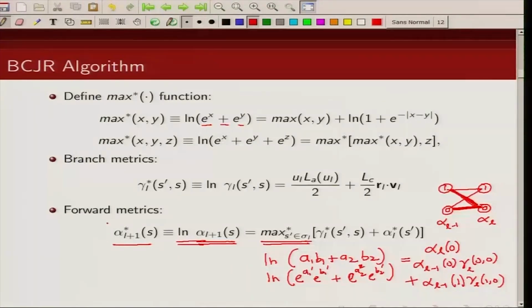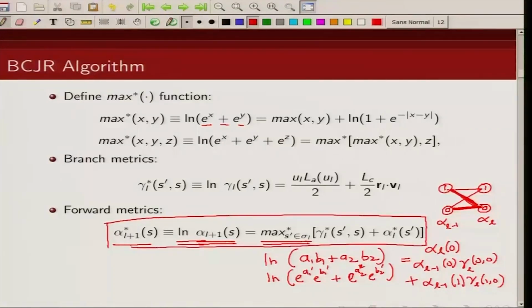So this forward metric, when we take the log of it, will become a max star operator, and the two terms inside, the gamma term and the alpha term, will be added.